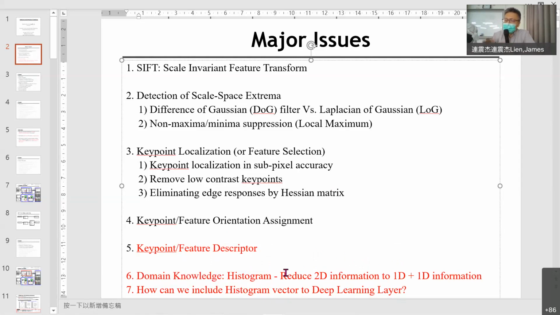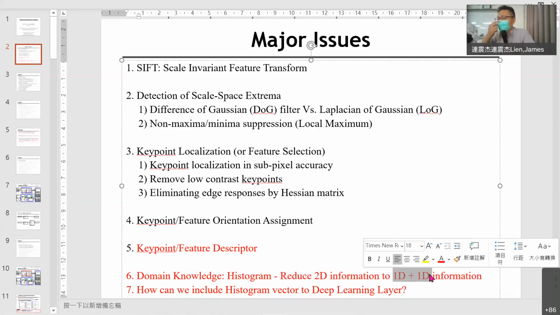And before we talk about stereo, we will reduce 2D search to 1D search. For the texture mapping, we reduce 2D information to 1D plus 1D. 2D is X times Y, and it's slow.